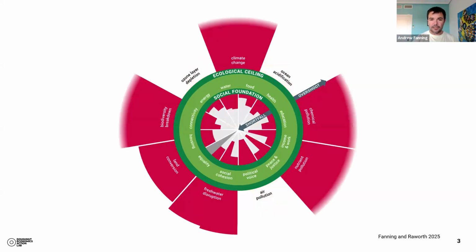I won't go deep into all of the conceptual foundations here, but we know that if we attach data to each of the different dimensions within the donut, both social and ecological, we see a picture that is very challenging, and to me shows a need for deep transformation.